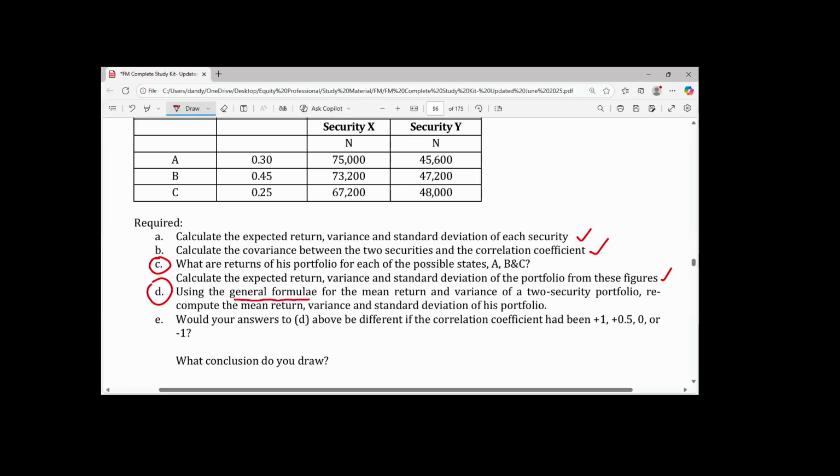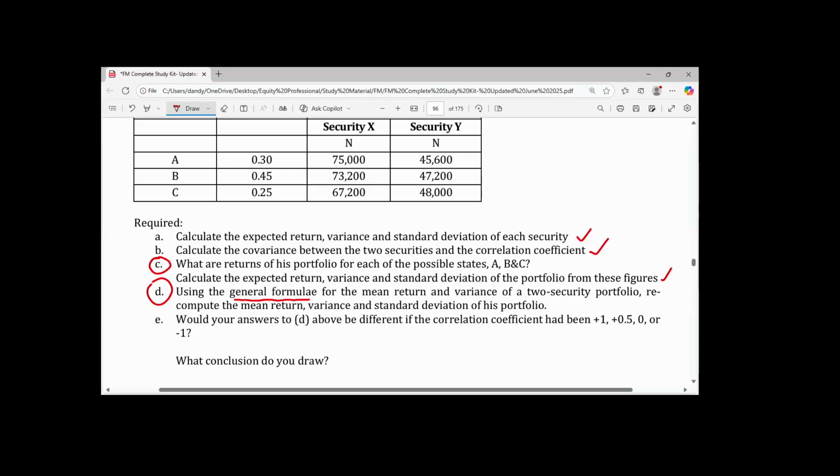That is, you are supposed to use the algebraic method, or use the formula, to calculate the return of the portfolio and the risk of the portfolio. In C, it is the same thing you want to calculate, but the examiner did not tell you which method to use. So if in D you have been told to use general formulae, it means in C you are supposed to use the tabular method.